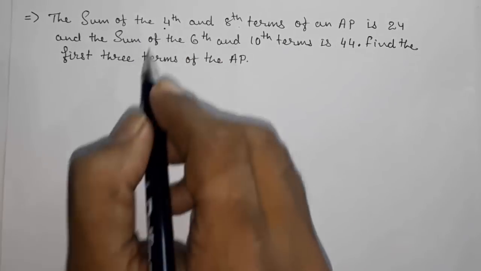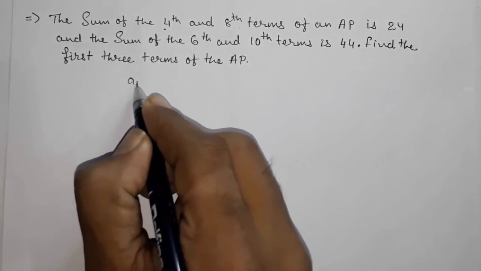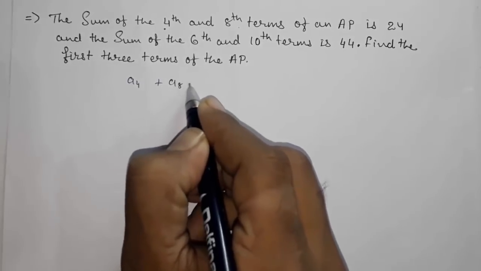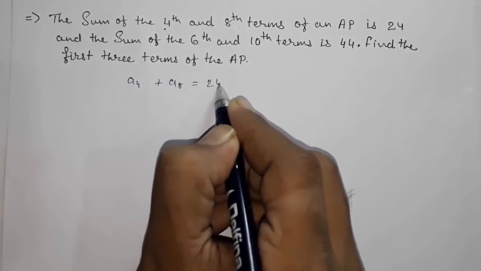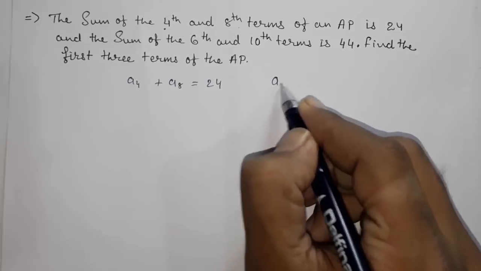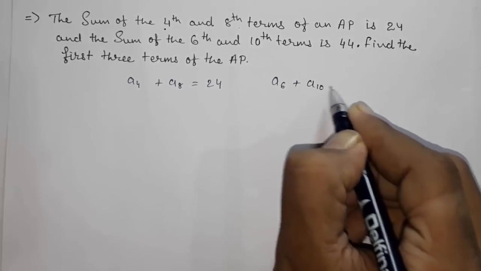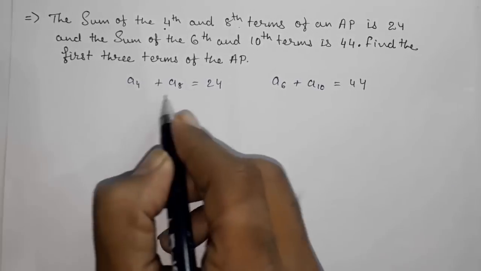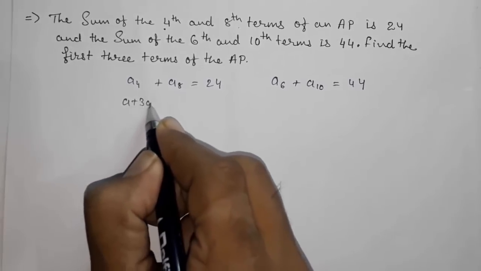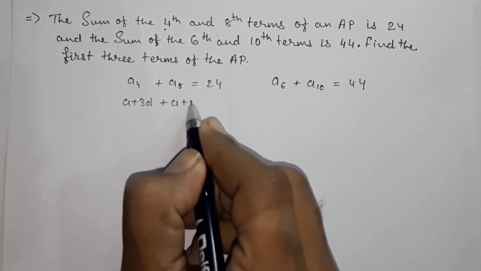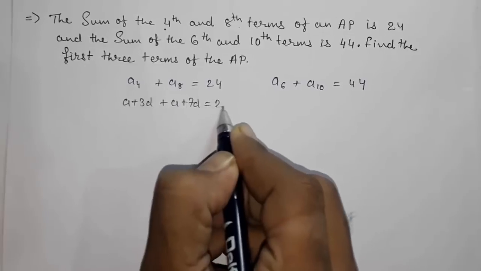I am solving it. A4 plus A8 is equal to 24, and A6 plus A10 is equal to 44. Directly, A plus 3D plus A plus 7D equals 24.